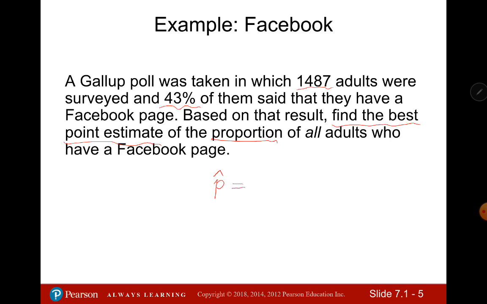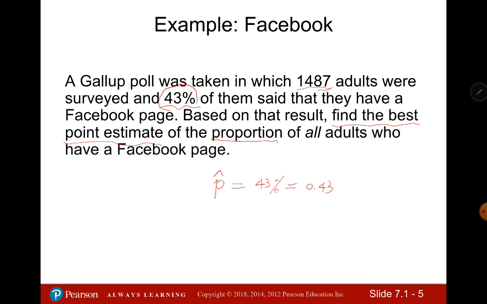So the p-hat value in this case is just this one. Because 1,487 adults is our sample, and from this sample, we know 43% of them said yes. 43% is our sample proportion, our p-hat, or you can write 0.43.